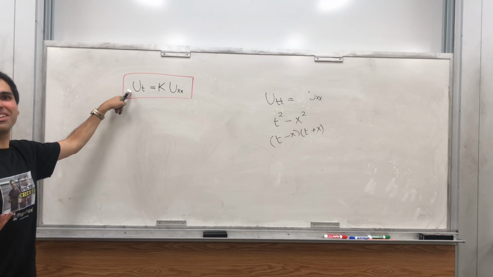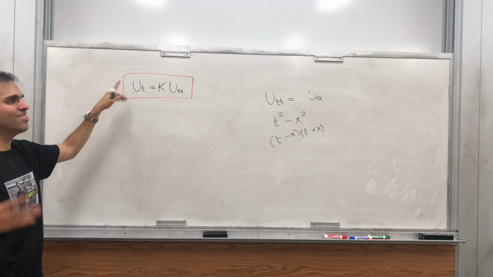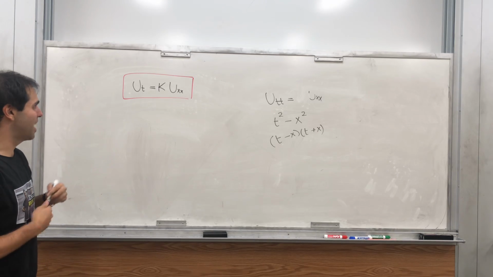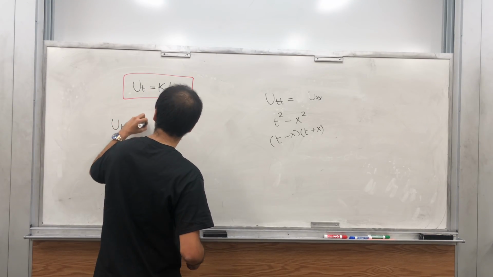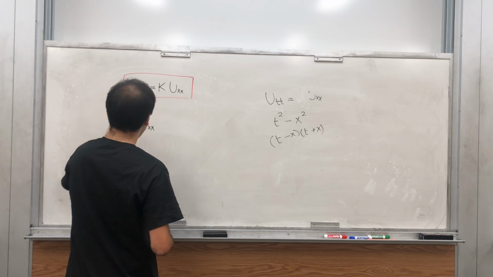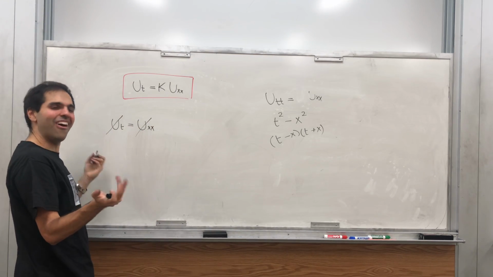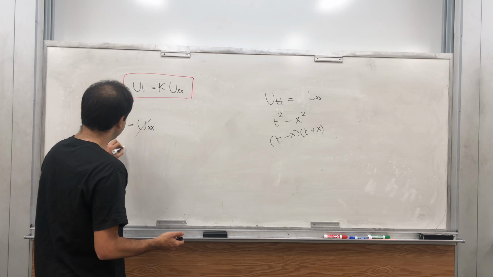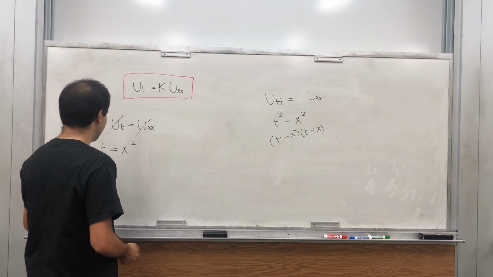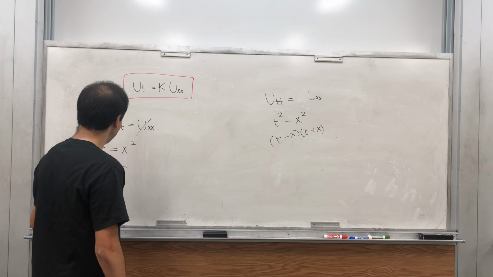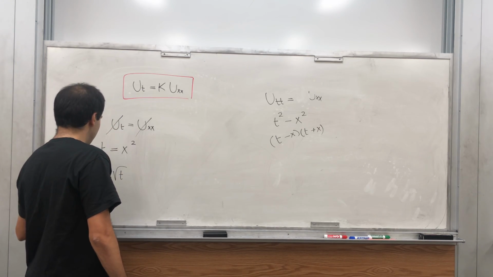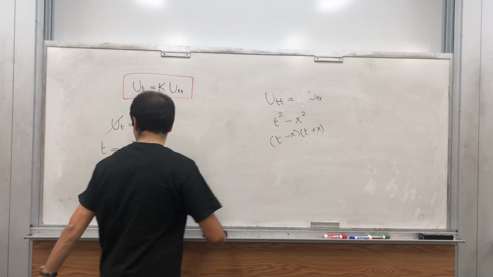Now, let me give you two motivations for what I'm going to say. On the one hand, consider u_t = u_xx, and cancel out the u. Why not? Then we get t = x², and assuming everything is positive, x is the square root of t, so x over square root of t is a constant.